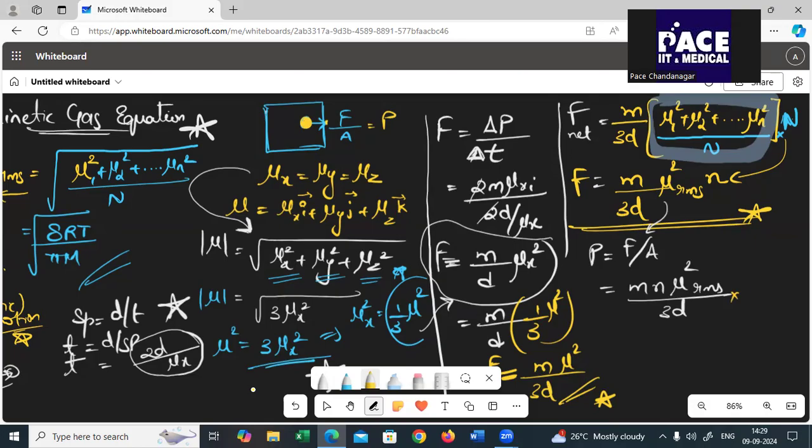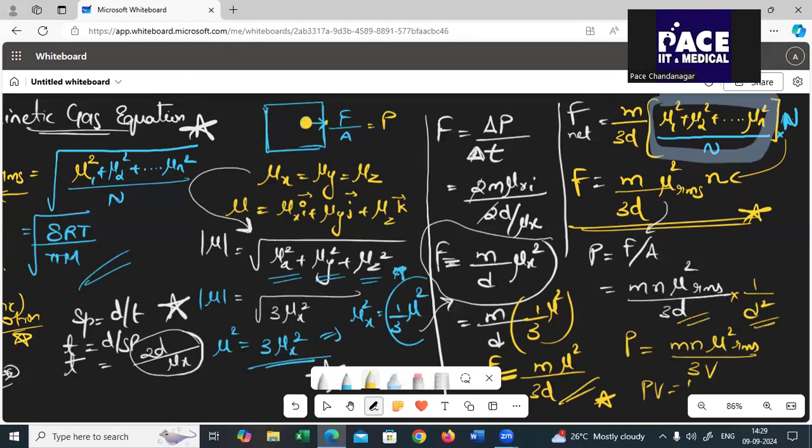Area is nothing but distance square, right? Area is L into B, which is nothing but d into d, d square. And d times d square is d cube. D cube is nothing but my volume, right? So m n u square RMS by 3V is my pressure.